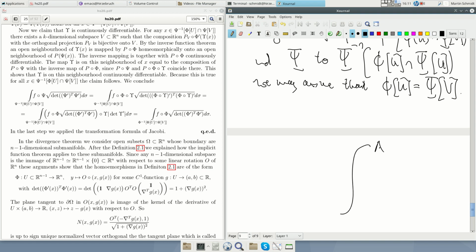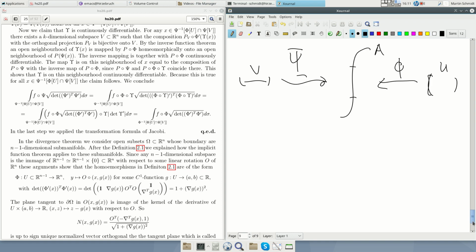Here we have our set A. On the one side we have this map phi going from some open interval U, and on the other side we have this map psi going from some open interval V. Both are homeomorphisms, psi and phi are homeomorphisms.